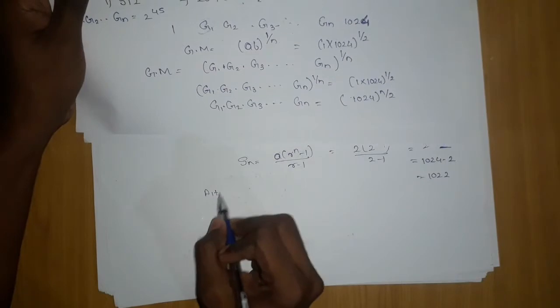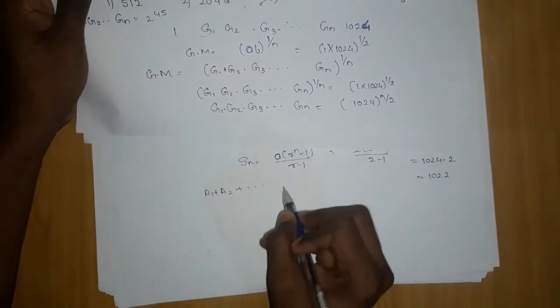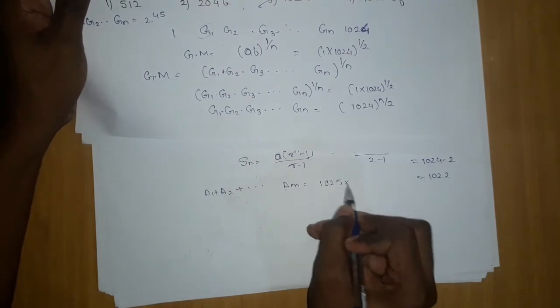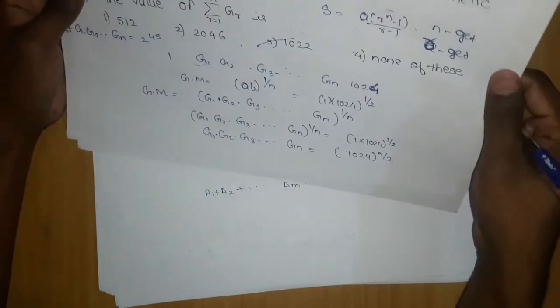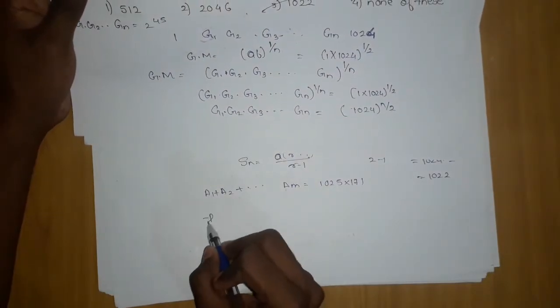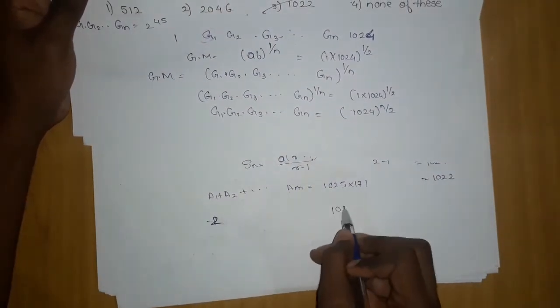Now the number of arithmetic means. Now we have come to the AM part. What information do we have regarding AM? That the sum A1 plus A2 and so on till Am is equal to 1025 into 171. This is the information we have, and they are present between the numbers minus 2 and 1027.